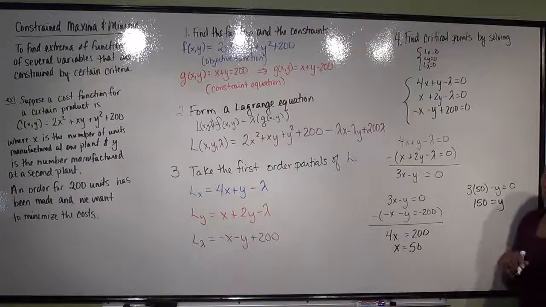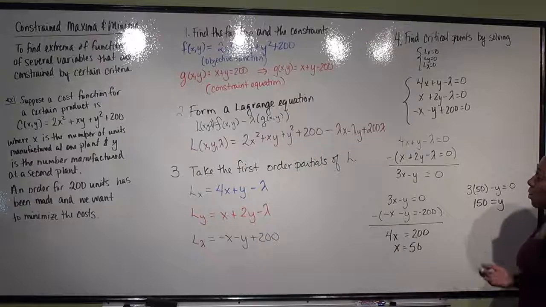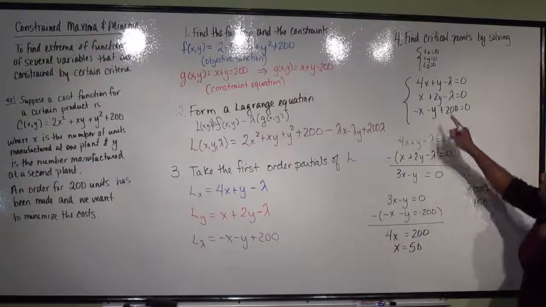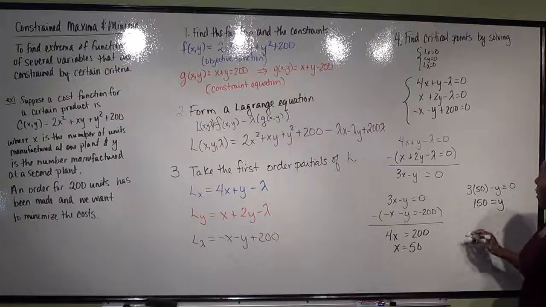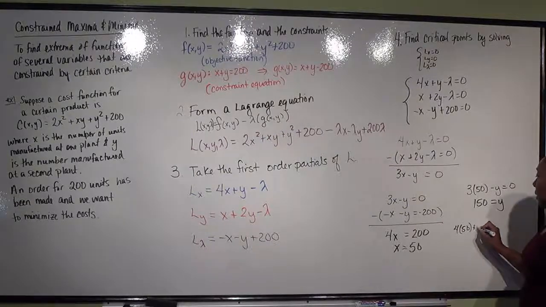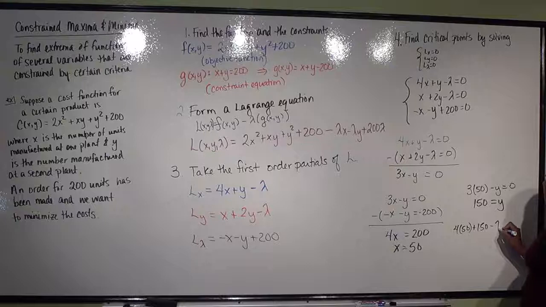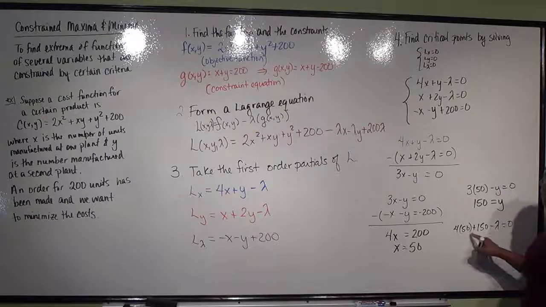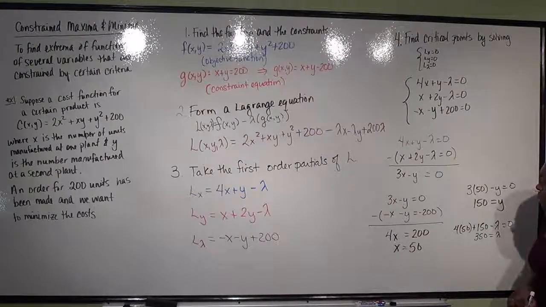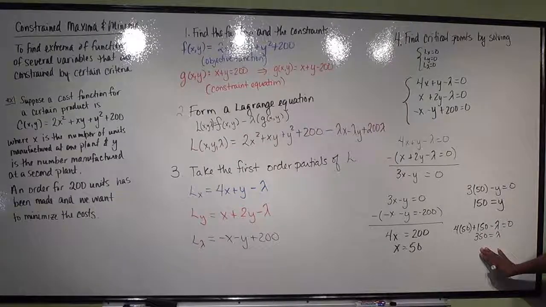In some cases, especially in WebAssign, you may be asked to actually find lambda. And again, I can just plug back in to solve for lambda. So 4 times the 50 plus the 150 minus lambda equals 0. So it looks like 200 plus 150, or 350, is equal to lambda.